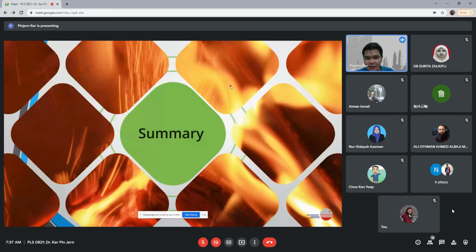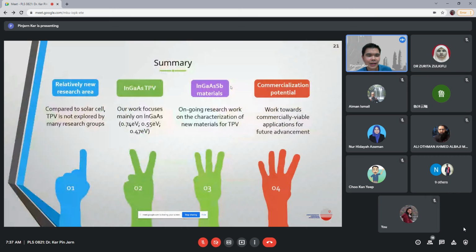Right. If I just do a very quick summary, compared to solar cell, certainly we know that there are many groups working on solar cell. TPV certainly is not explored by many research groups. If this can be further explored and further work can be done, certainly we can achieve much more.